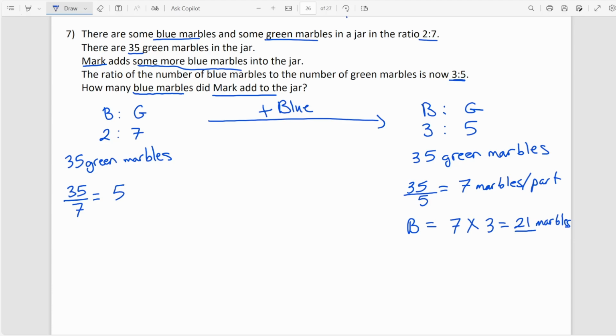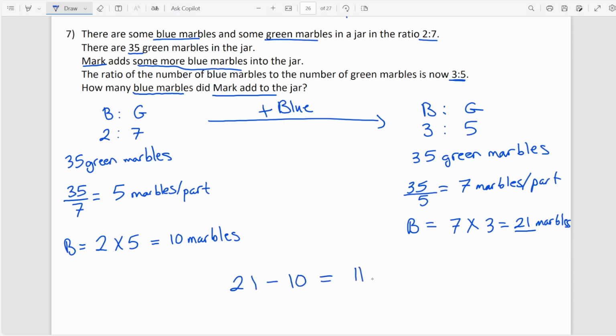All right, so 5 marbles per part. And for the blue, in this ratio, before I added, it was 2 parts multiplied by 5 marbles per part, okay? And so we have 10 marbles. So how many marbles did Mark add? 21 minus 10, the one I previously had. So he added 11 marbles, all right? This is the final answer.